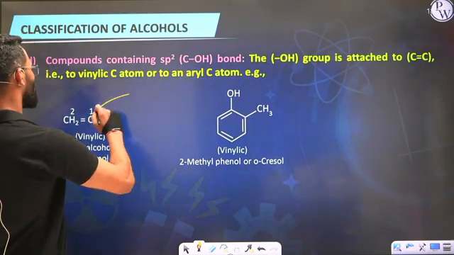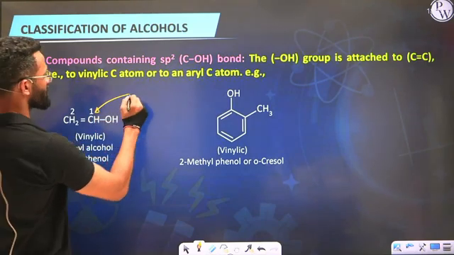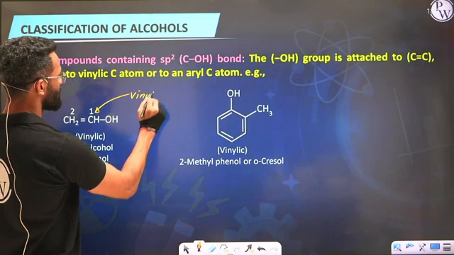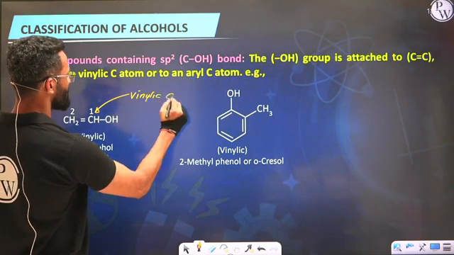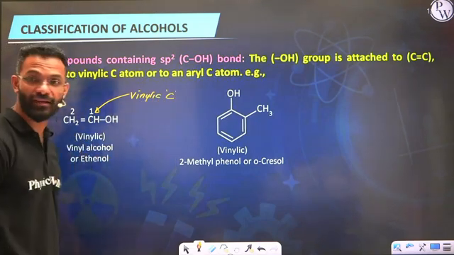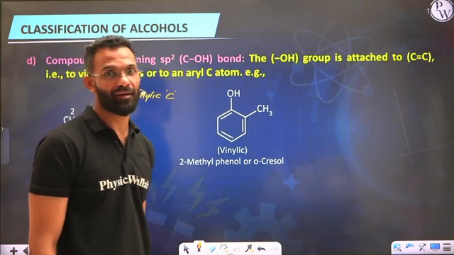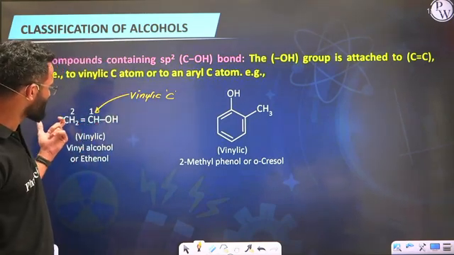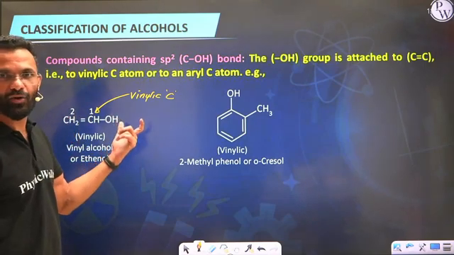Remember, when the functional group OH is connected directly to an sp2 hybridized carbon, such an sp2 hybridized carbon is known as a vinylic carbon atom. So OH is connected to a vinylic carbon, so you can also call it vinylic alcohol.